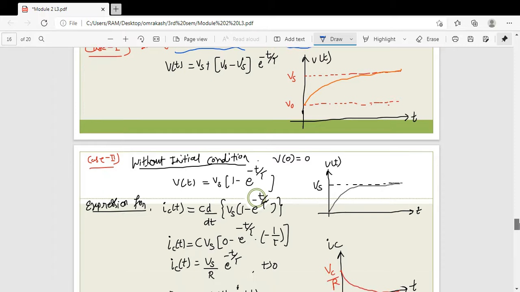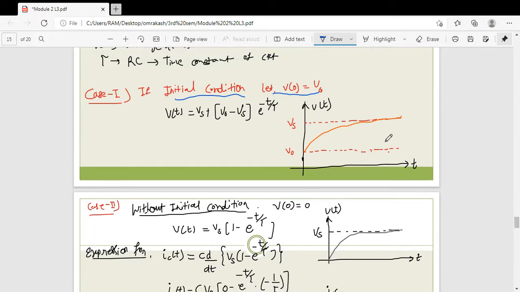Now see, by observing this waveform, you can link up this equation. This is your steady state response, and this is the initial condition given to you. Now, without an initial condition, V naught is equal to zero. Vs is the value at infinite duration of time, where the response reaches steady state.